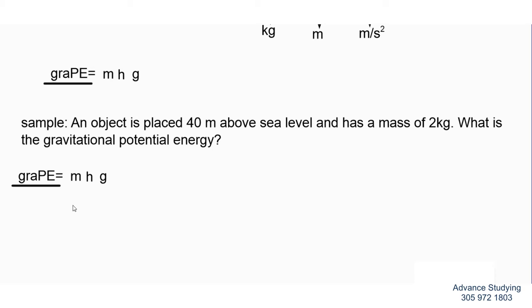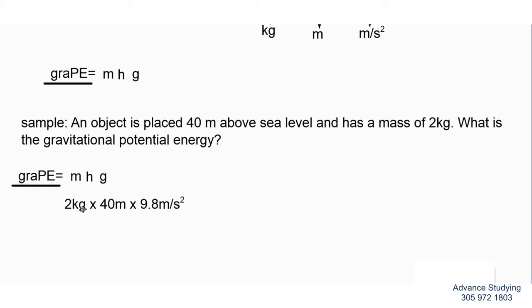Let's plug in these values. The mass is 2 kilograms, the height is 40 meters, and I have gravity. Although it is not mentioned in the question, gravity on Earth, which we will use unless we're told otherwise, is 9.8 meters per second squared.